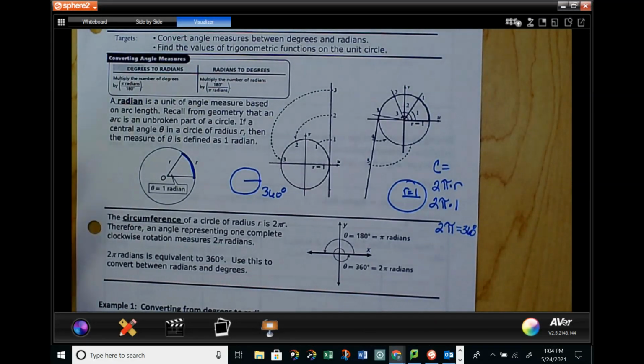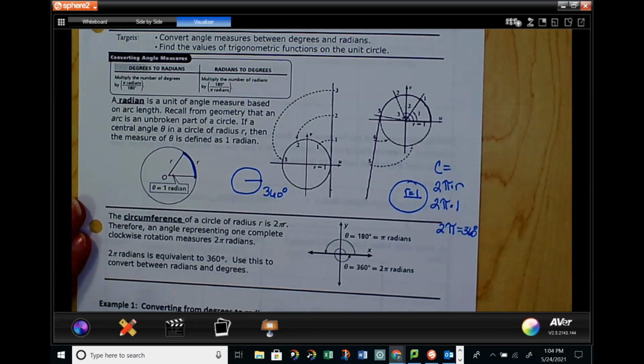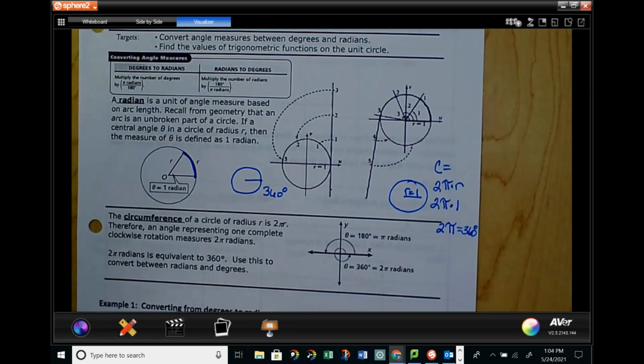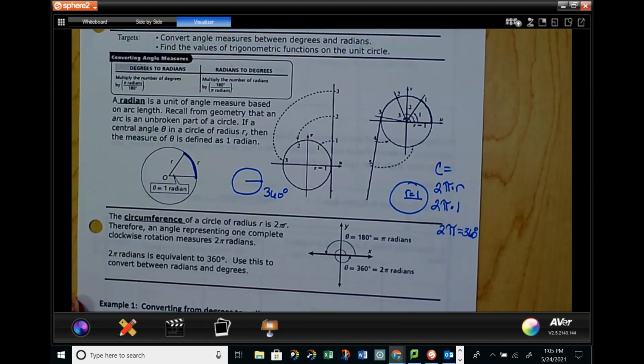In order to convert from degrees to radians, you have 60 degrees divided by 360 degrees. That's your ratio, 60 to 360. And then you have your radian divided by 2 pi, because 360 is the same as 2 pi.